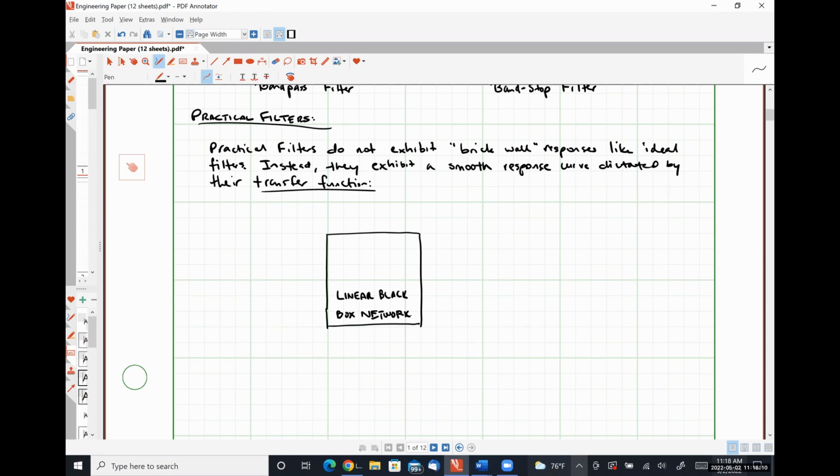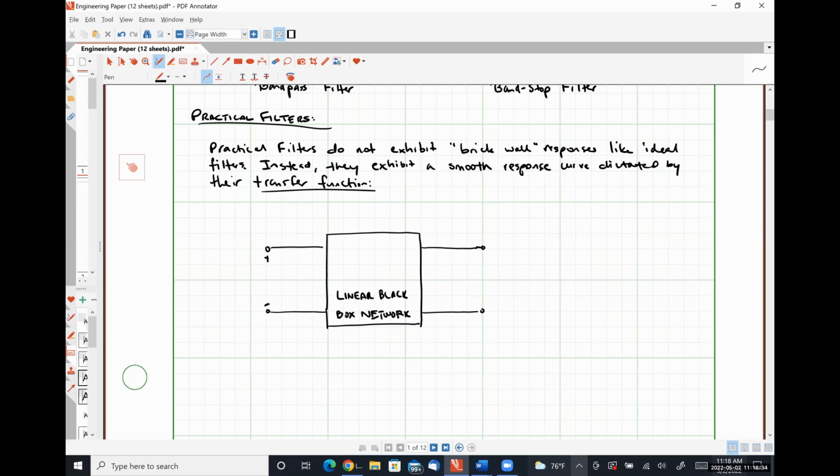So on the left-hand side is where we will apply our input. And on the right-hand side is where we will measure our output.